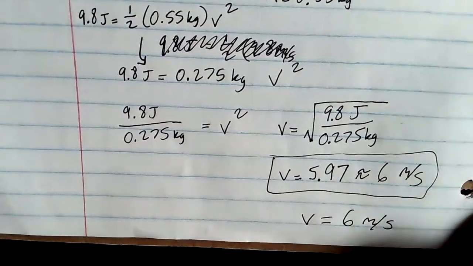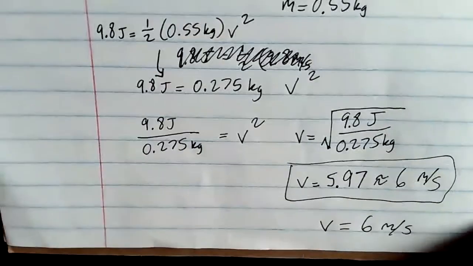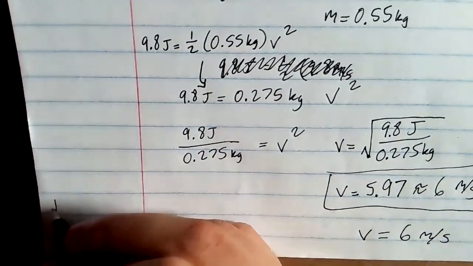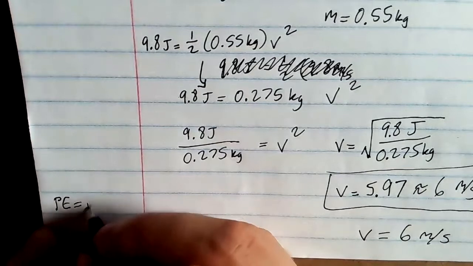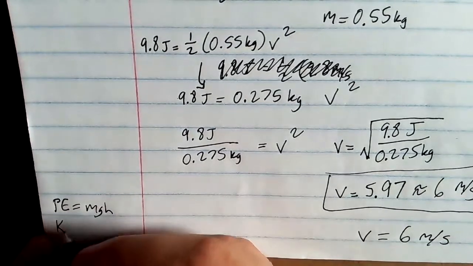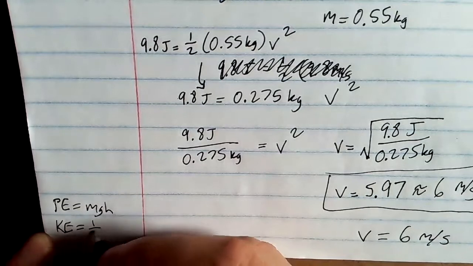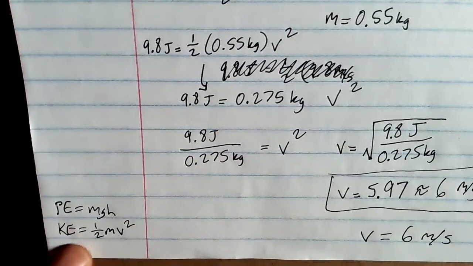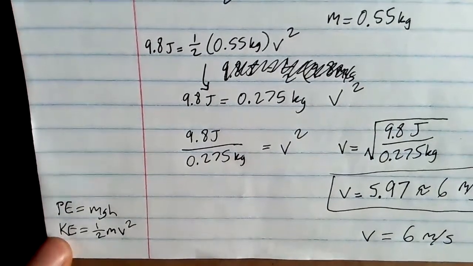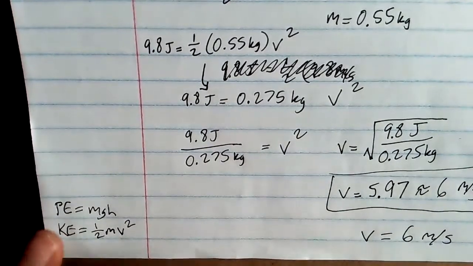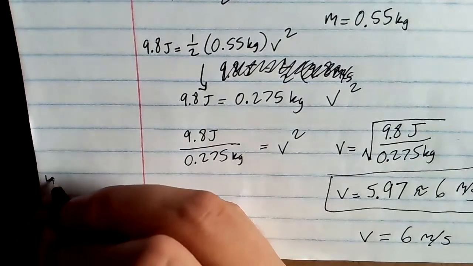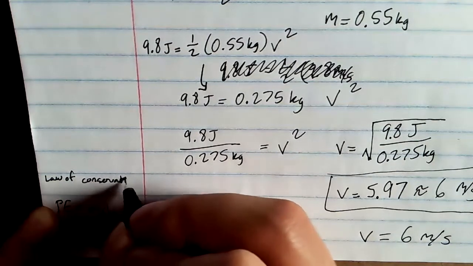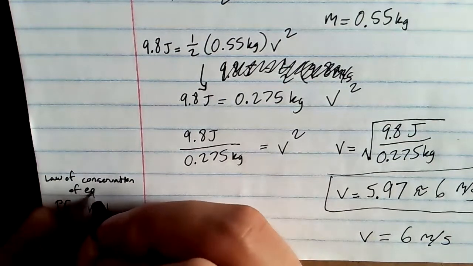All right. So really, these are the two equations that you need for this mastery test section, and then the law of conservation of energy.